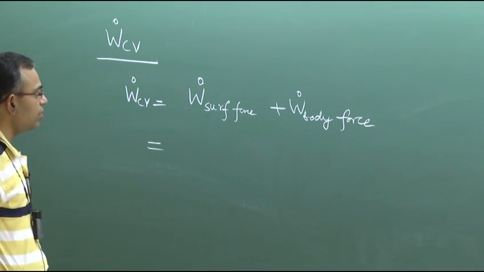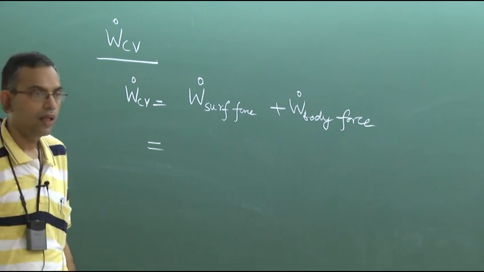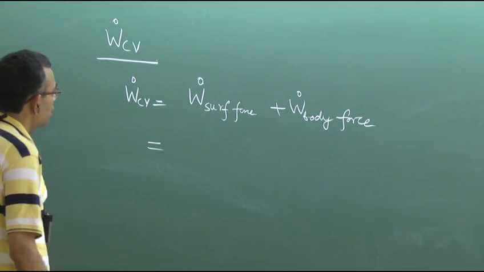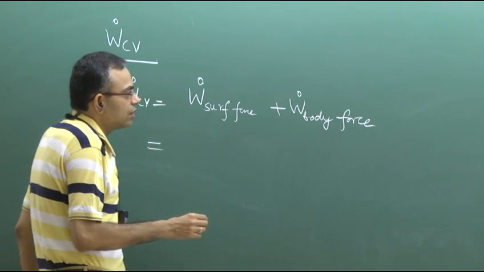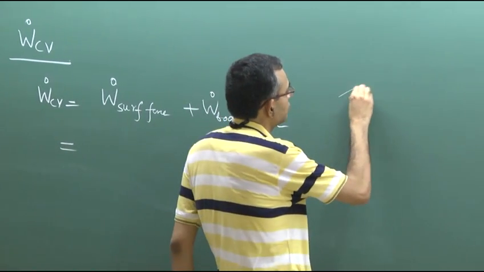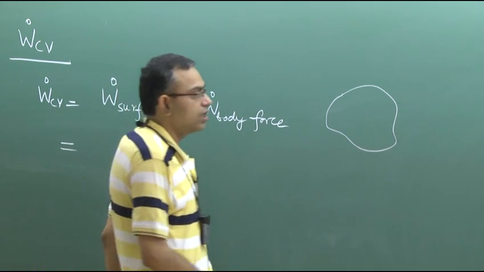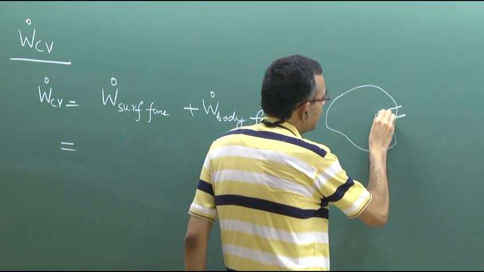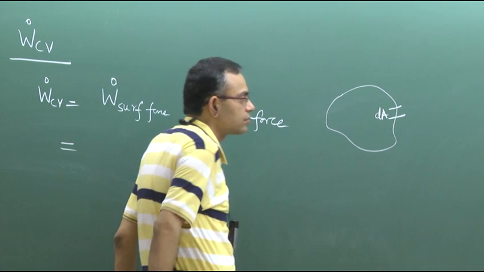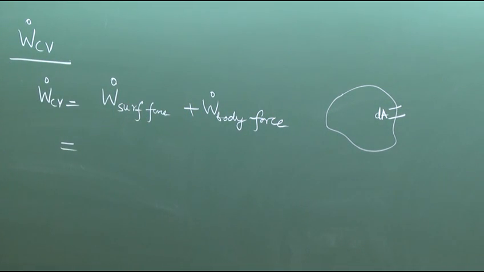The surface force work done due to surface force. Now, let us say that this is a control surface. Let us say that you have an area dA. What is the force per unit area on this?